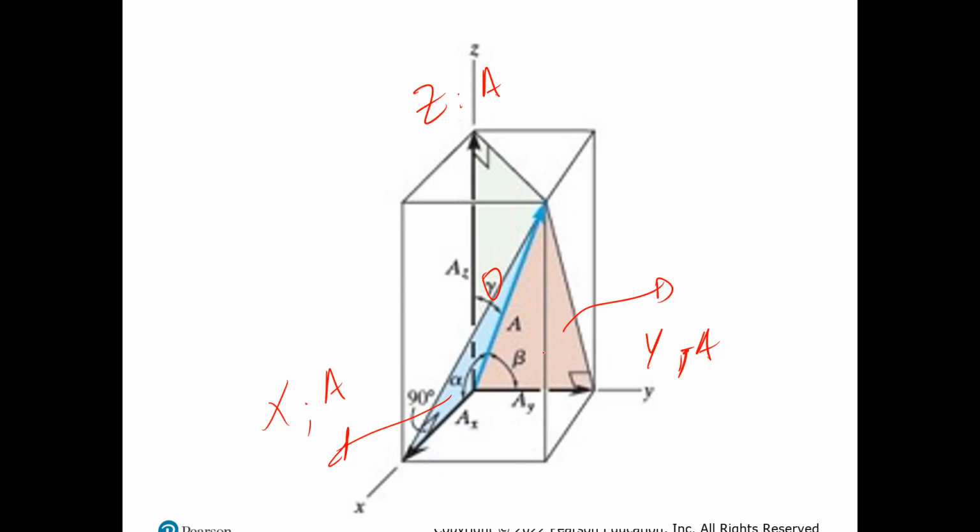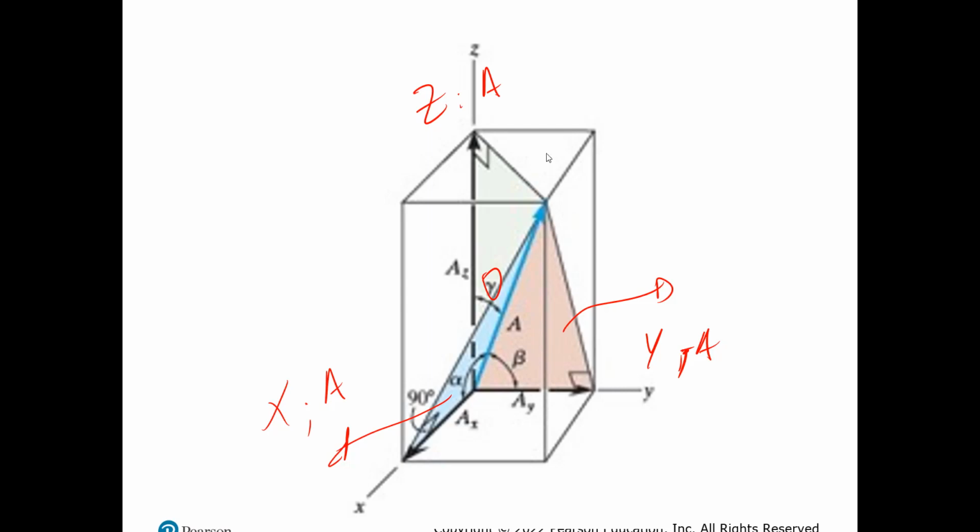Alpha, beta, gamma, it doesn't matter, those will be just angles. Please just keep that in your mind. What you have to know is, by theory, the angles of the vector with respect to each one of the axes.